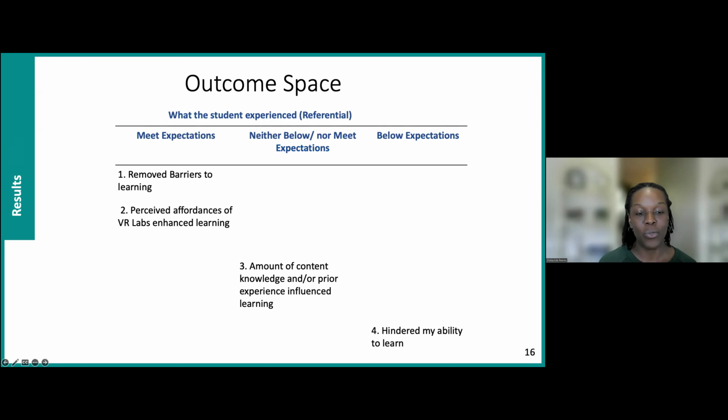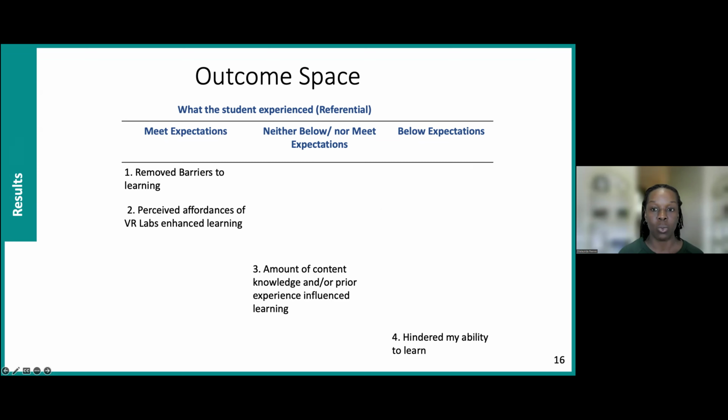All right, so for the outcome space, students came to the experience with a set of expectations, and the collective meaning of their expectations or categories of description could be grouped into dimensions of expectations. So that's what you see as meet expectations, neither meet nor below expectations, kind of in the middle, and then below expectations.